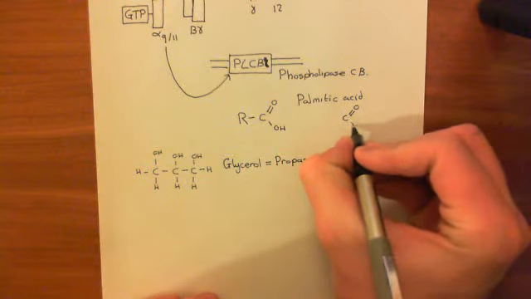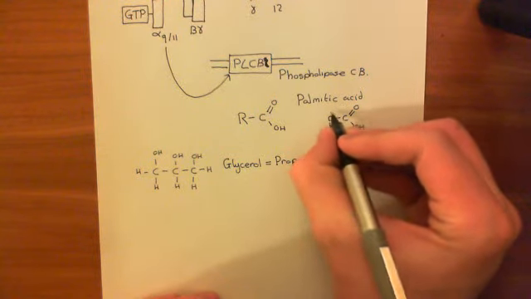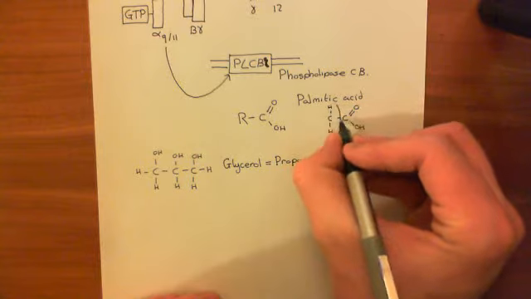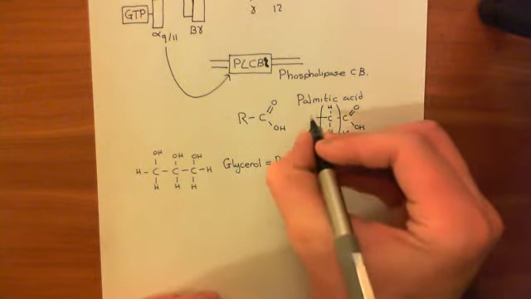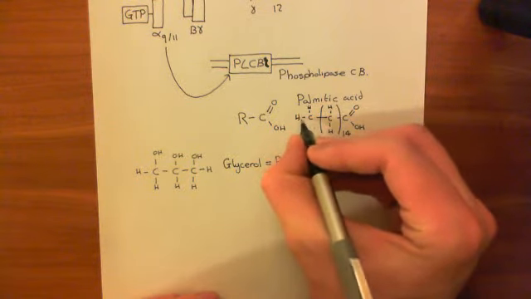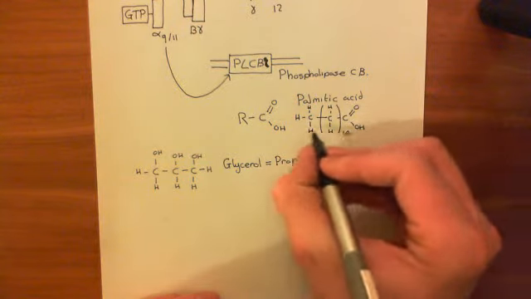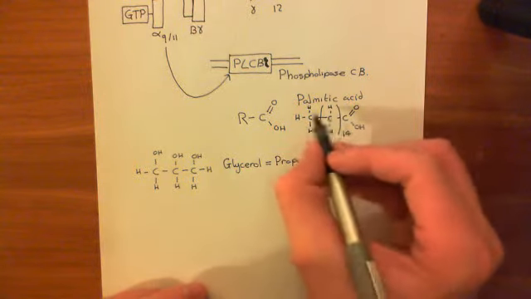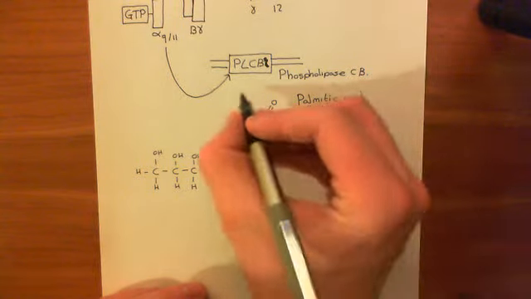You have the carboxyl group here, and then you have a methylene group, which you have 14 times, and then a methyl group right at the end. So that overall makes 16 carbons: 1, 2, and then the 14 in the middle. So palmitic acid is an example of a really long-chain carboxylic acid.